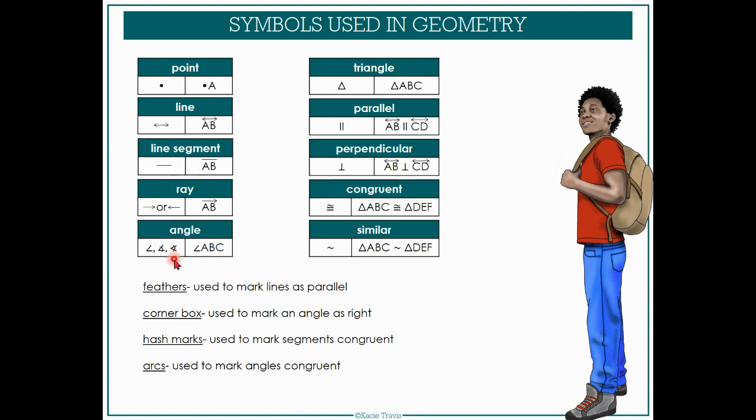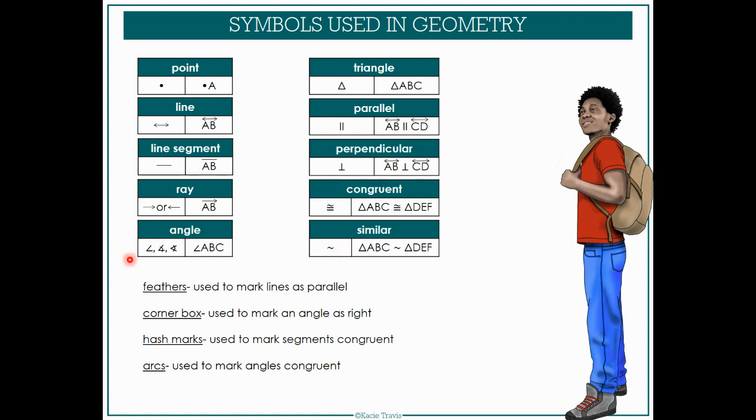When we're talking about angles, there's a couple different ways you can do it. Most commonly, you'll see this first one from me, but these symbols here, if you see them on a test, just know those are also talking about angles. Over here, we got a triangle. This is the symbol for parallel. This is the symbol for perpendicular, which I hope you got from your glossary. And then we got congruent and similar.